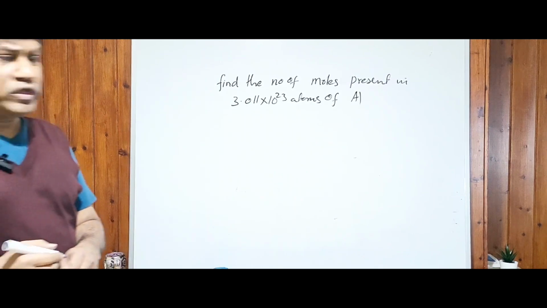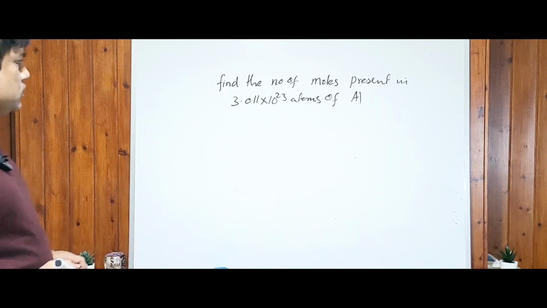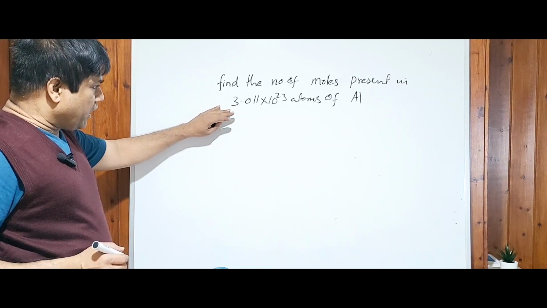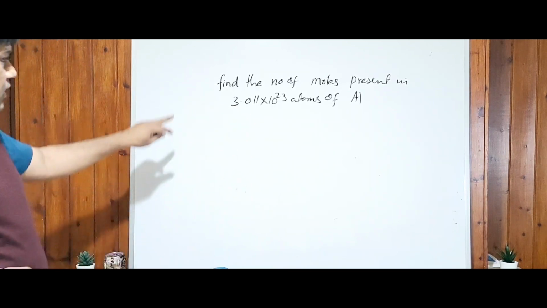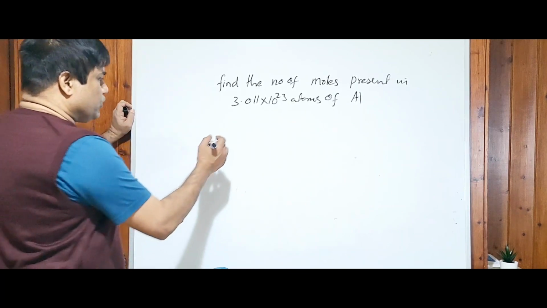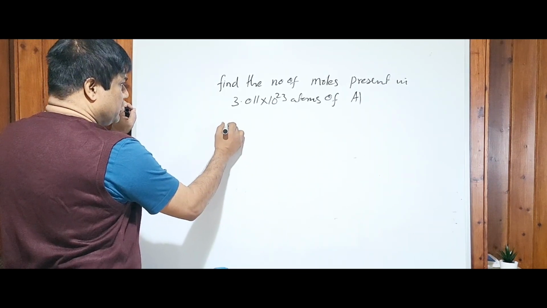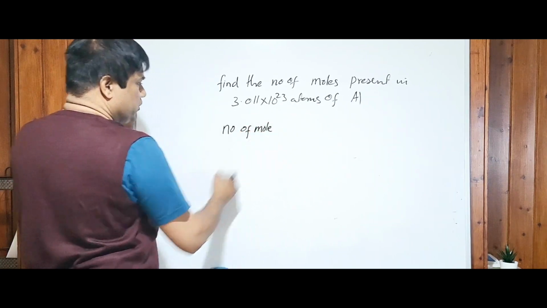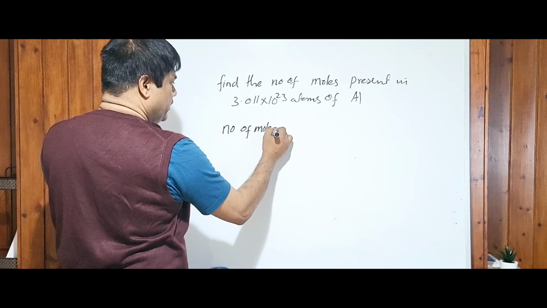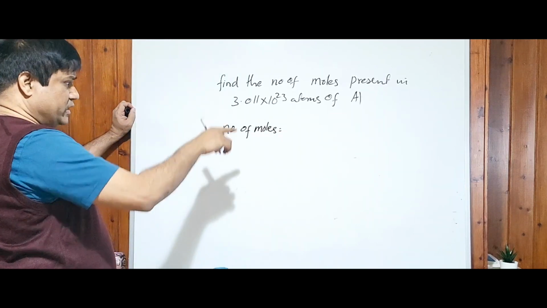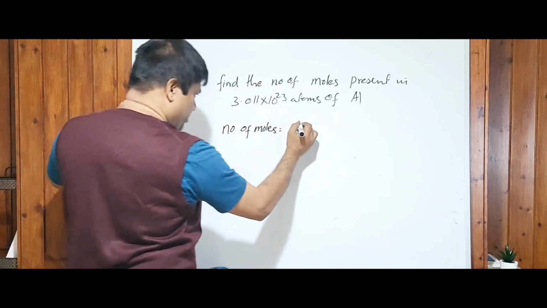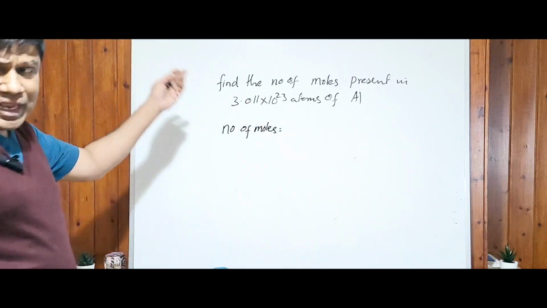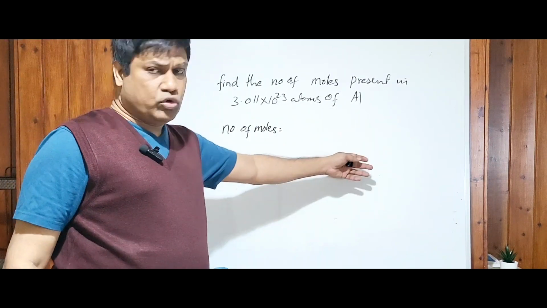So how can we work out the number of moles present in aluminium having that many atoms? Use the formula: number of moles equals number of particles divided by Avogadro's number. Number of particles are nothing but atoms, molecules or ions.